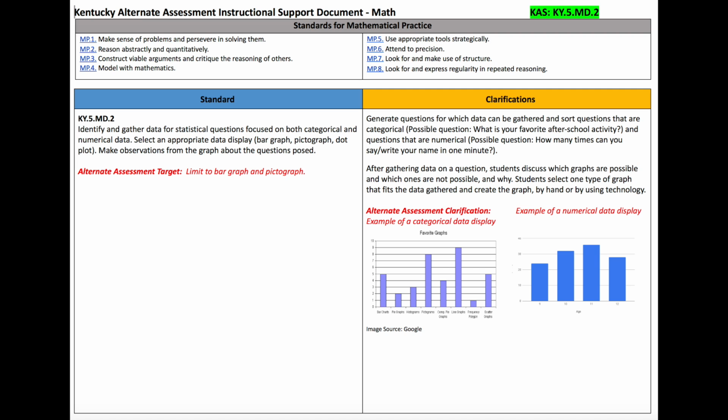It says to identify and gather data for statistical questions focused on both categorical and numerical data. Select an appropriate data display, a bar graph, a pictograph, a dot plot, and make observations from the graph about the questions posed. But our assessment is limited to the bar graph and the pictograph.